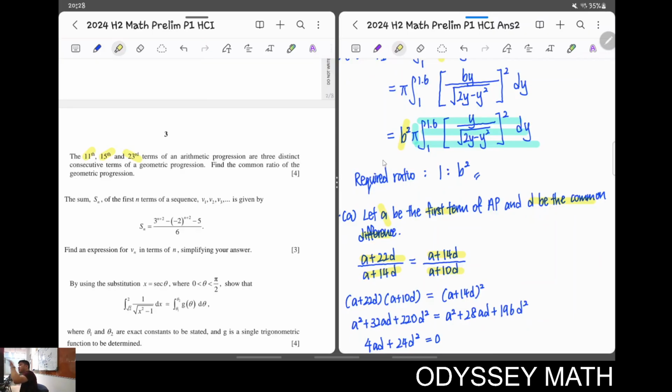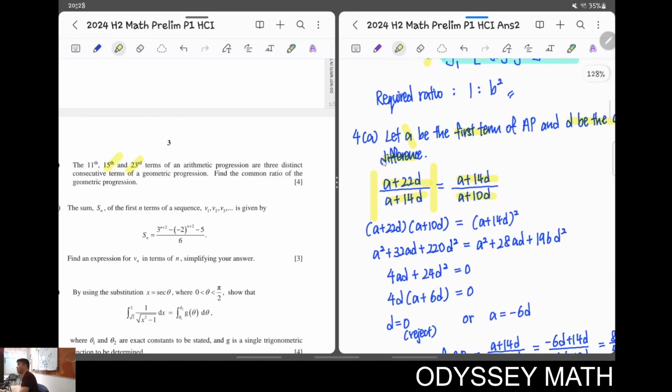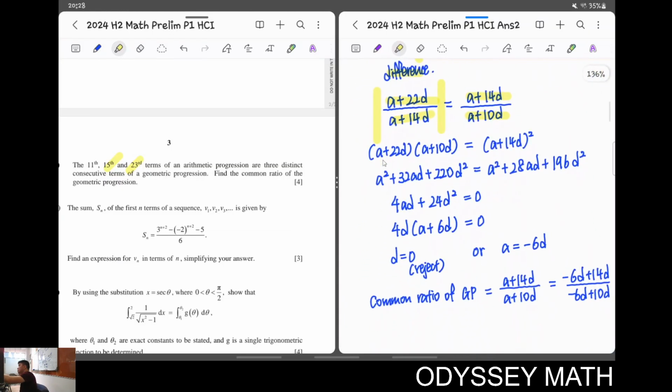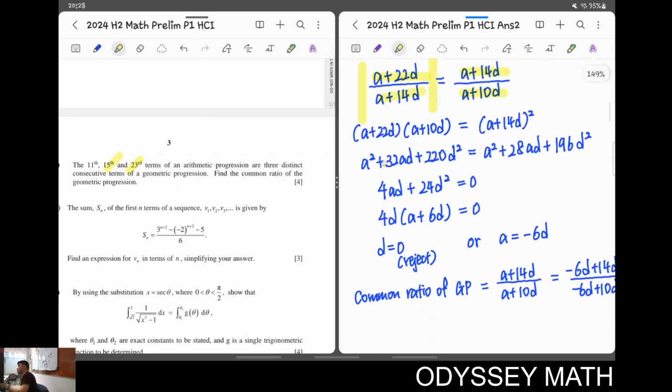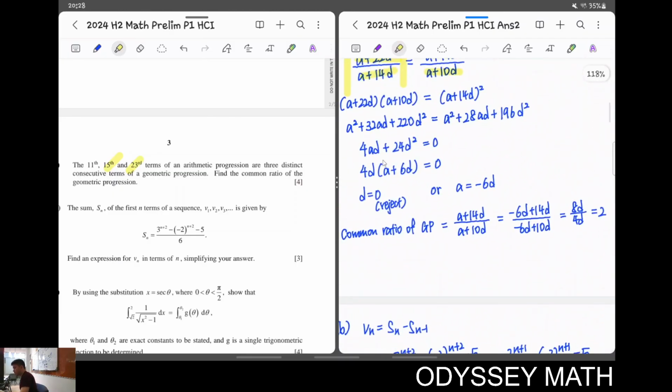Because they say that these 3 terms are the 3 distinct consecutive terms of a GP, then basically I take the 15th term over the 11th term. That is the common ratio of the GP, right? Must be equal to the 23rd term over the 15th term. And then I have this fraction here. Both the left and the right are the common ratio of the GP, so they equal each other. Okay, work out the algebra yourself. You will get D equals 0, which you reject, or A equals minus 6D.